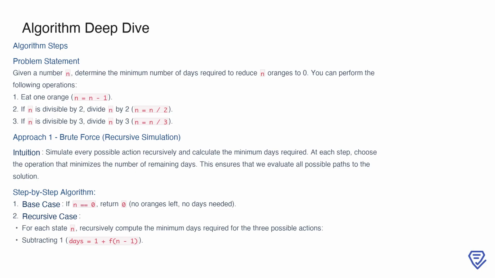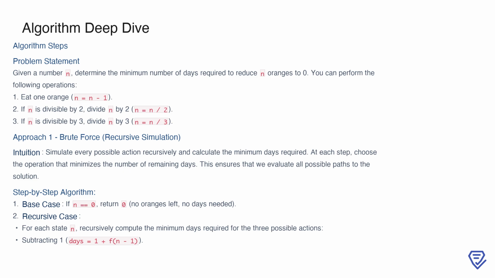The first approach we can consider is a brute force method using recursive simulation. The intuition here is to simulate every possible action at each step and recursively calculate the minimum number of days required. For each value of n, we evaluate all three possible operations and then choose the operation that minimizes the remaining days.